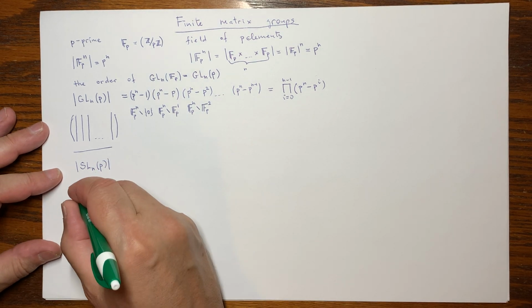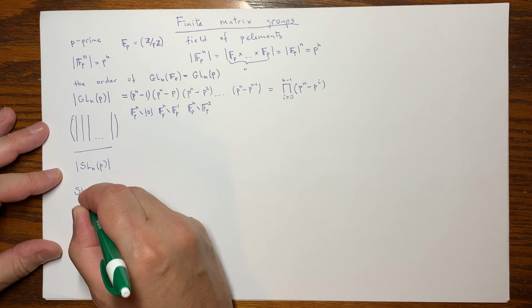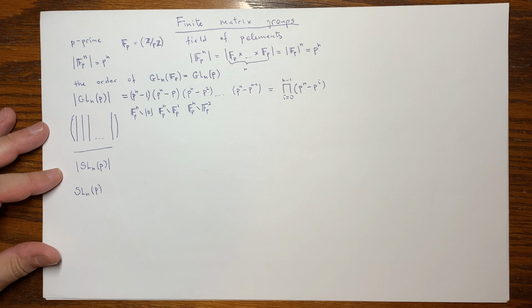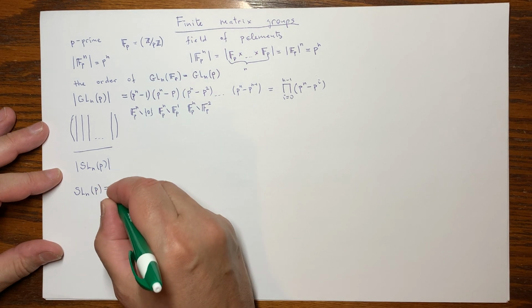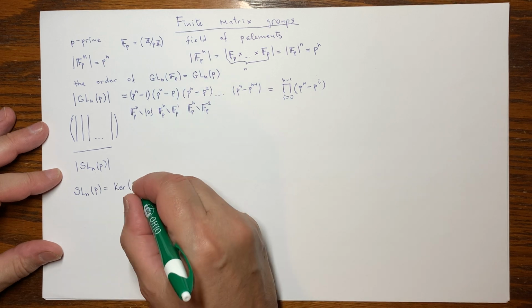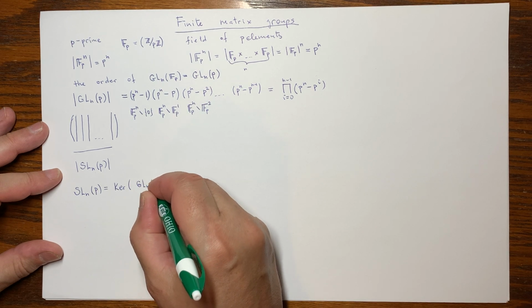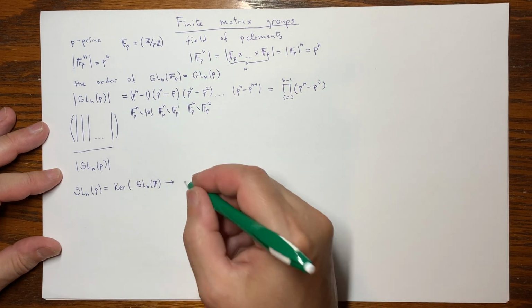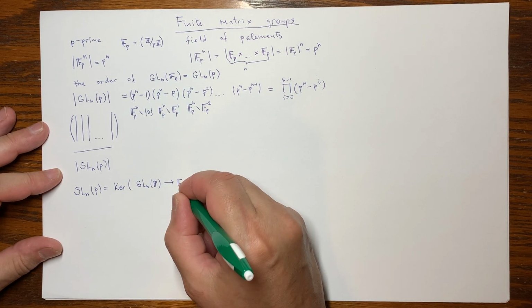The definition of this special linear group is that it is the kernel of the determinant homomorphism from the general linear group to the invertible scalars.